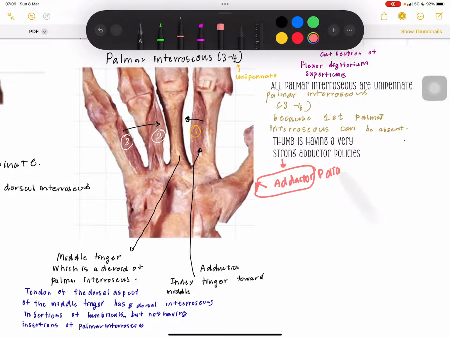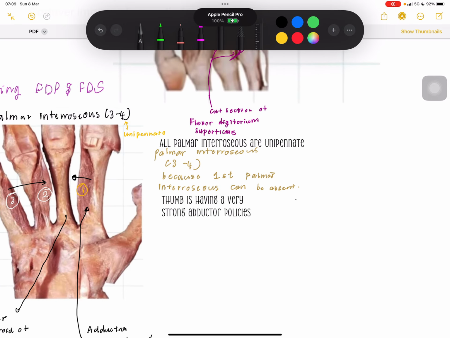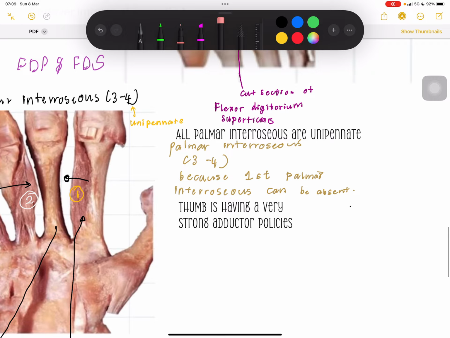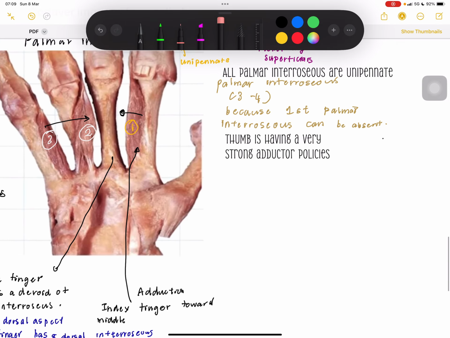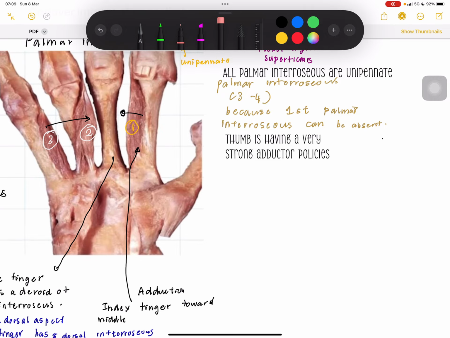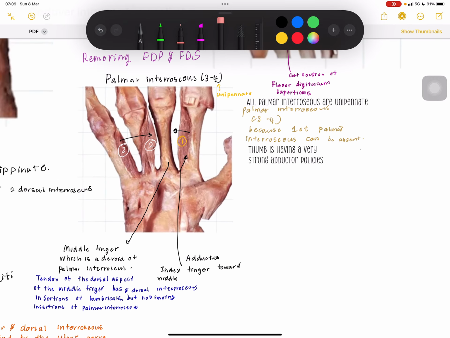So in that case, we got only 3 palmar interosseous. All palmar interosseous are unipennate. Palmar interosseous can be 3 to 4 because the first palmar interosseous can be absent, because the thumb has a very strong adductor pollicis.